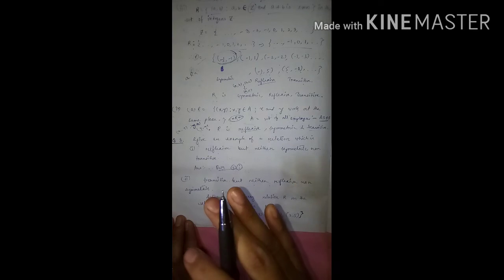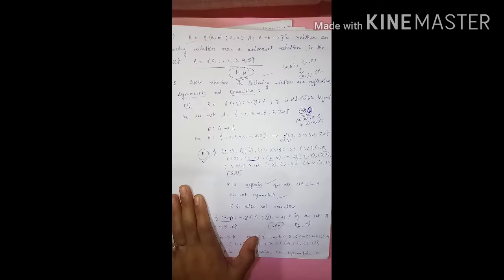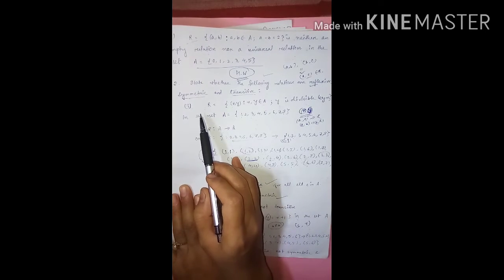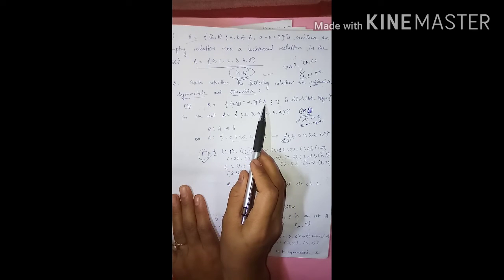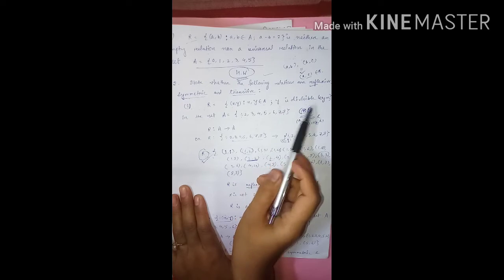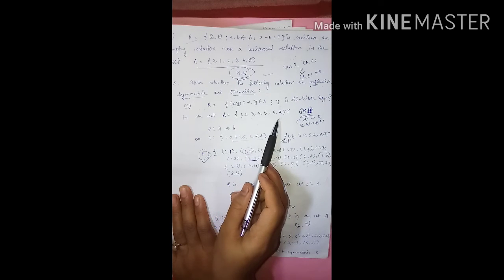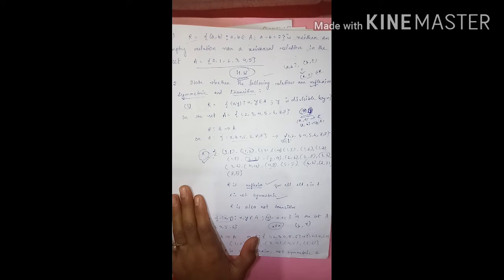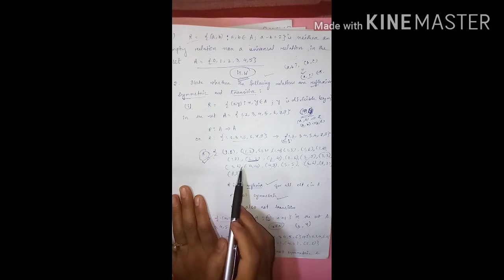Let's go back to the previous one. And here it is. The question was R equal to (x, y), where (x, y) belongs to set A, y is divisible by x, in the set A equal to {1, 2, 3, 4, 5, 6, 7, 8}. Now we have the elements in R, like these.